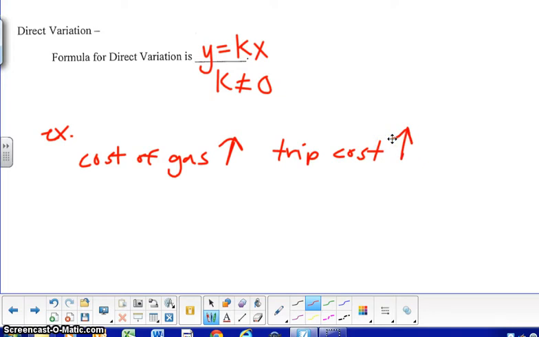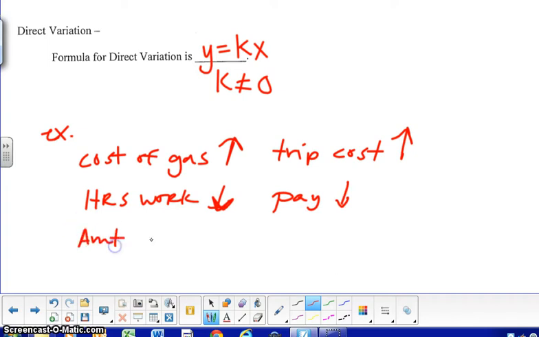Now let's talk about maybe a job. If you work less hours, then your pay is also going to go down. If I increase the amount of homework, what else increases? Your stress. So those are different ways to look at direct variation and what it means.